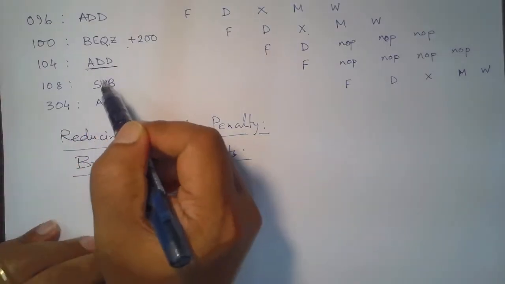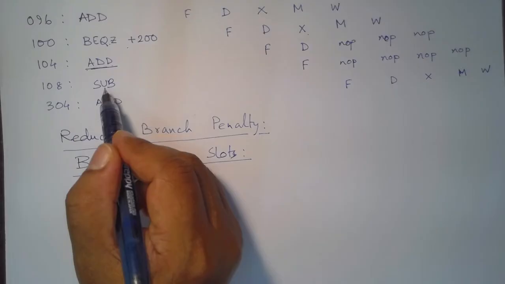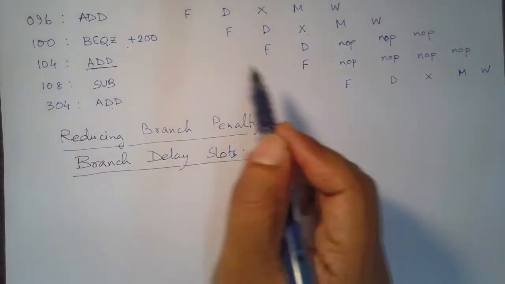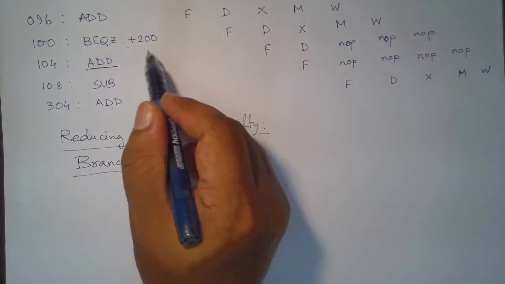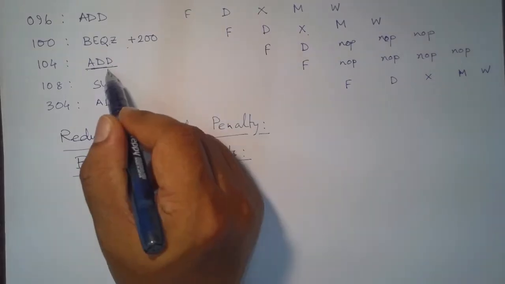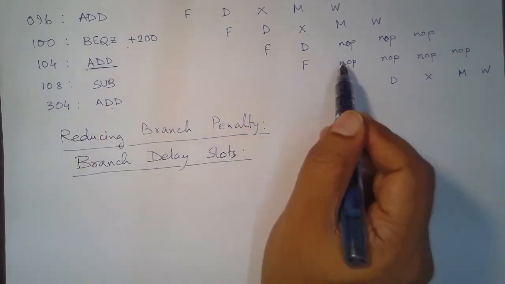The compiler will figure out two independent instructions and put them immediately after the branch instruction. At the hardware level you will not do anything, because you know that the compiler has already taken care of it, and whatever the subsequent instructions are, they were supposed to get executed anyway.